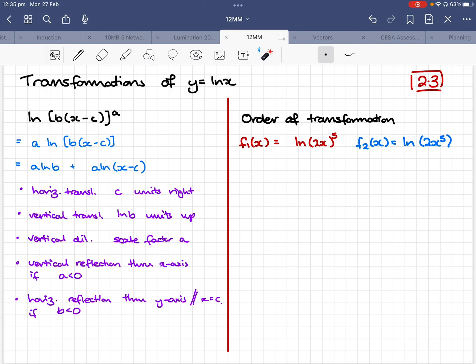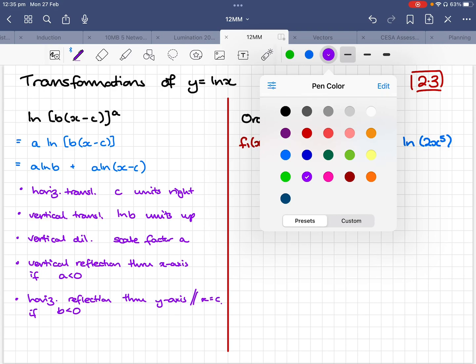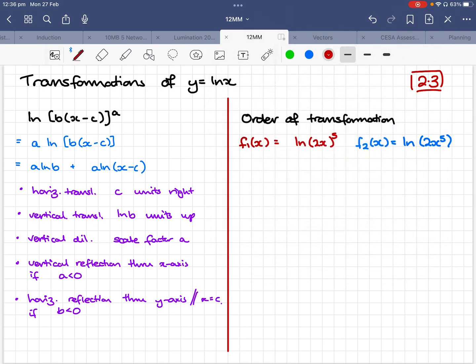Let's just look at a couple of situations where we can see how that order of transformation does change things. So we've got two really similar looking functions here: ln of 2x to the power of 5 and ln of 2x to the power of 5. If we start to manipulate these, let's look at the first one. That's equal to 5 ln 2x, which is equal to 5 ln 2 plus 5 ln x.